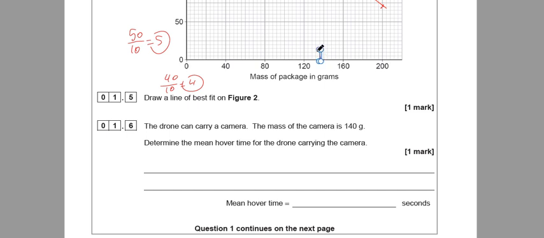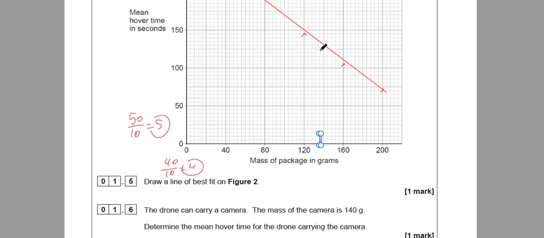We should go up to the line and then find the y coordinate of this point on the line.